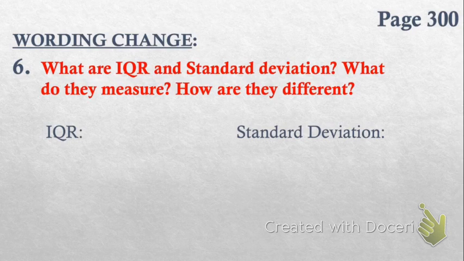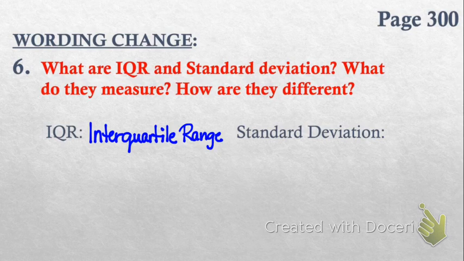All right, who remembers what the IQR is? Not divided, but subtracted, yes. The IQR is the interquartile range. This is the difference of the upper quartile and the lower quartile.